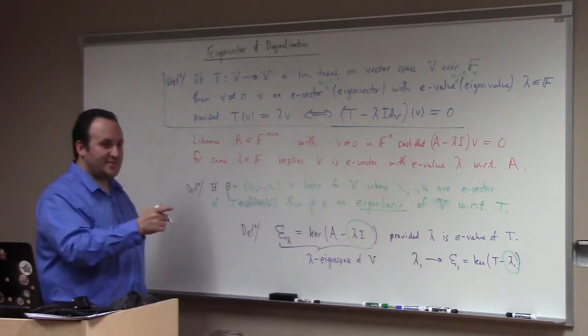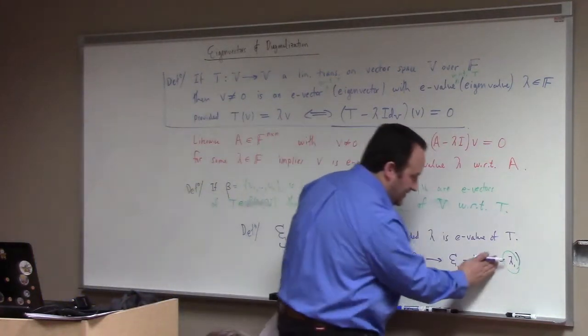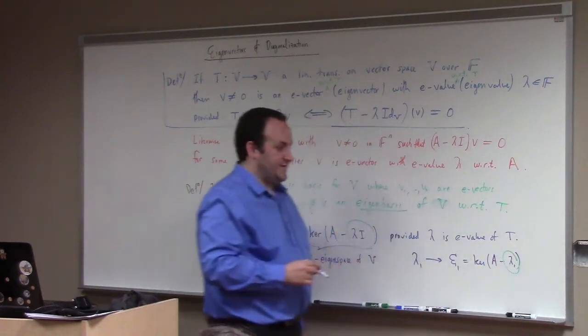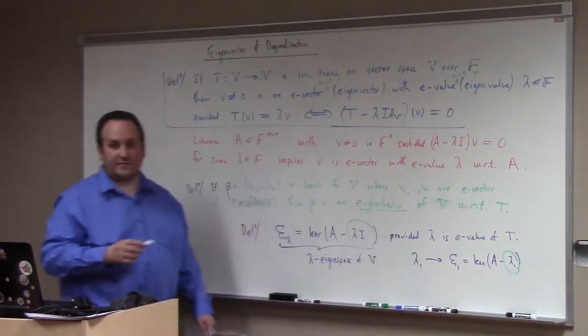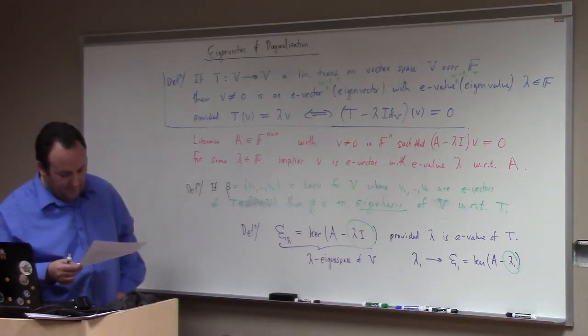And again, let it be understood for a matrix that if I say A minus lambda 1, that lambda 1 is now shorthand for lambda times the identity matrix. So we can also calculate eigenspace for a matrix.